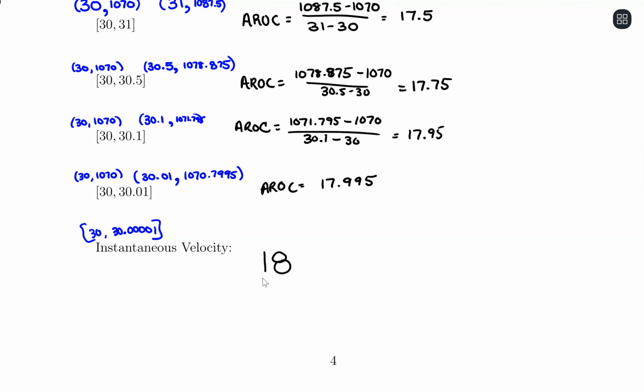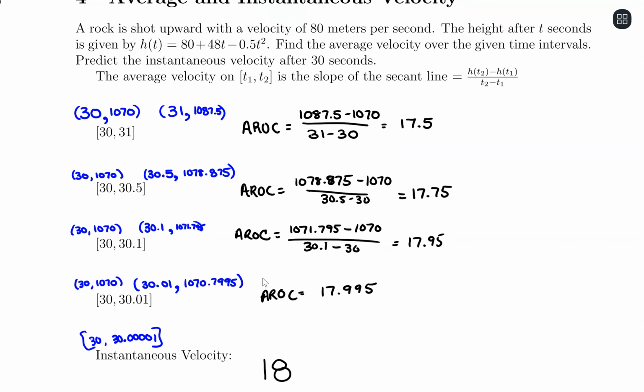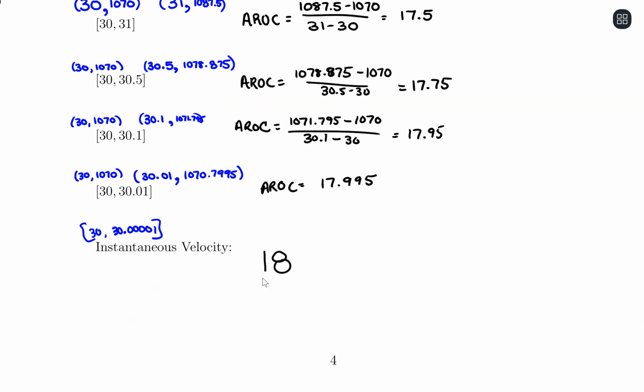It's that type of dynamic that is the idea of instantaneous rate of change. That idea of what's happening in an instant is you're trying to get the x values super close together, almost so that it's the same, but we need two points in order to evaluate the difference. So we can get an idea of the trend by going further away, but then getting closer and closer. For instantaneous velocity, we're looking at t equals 30.